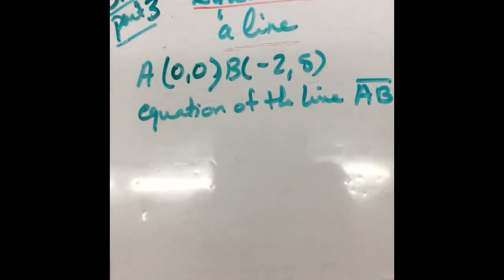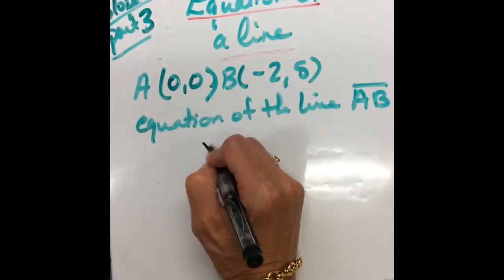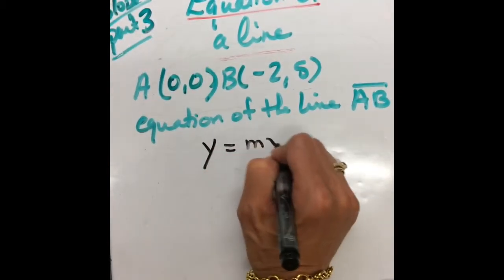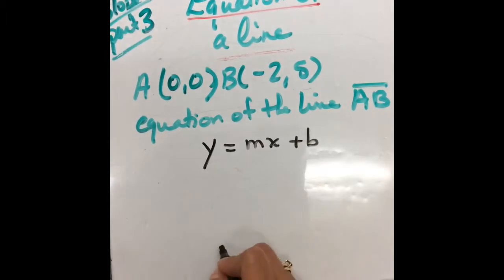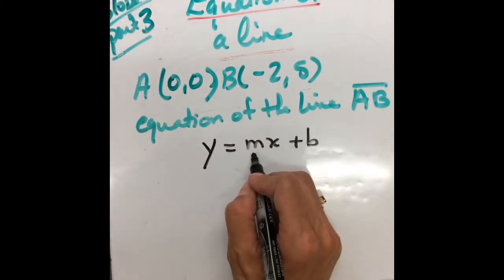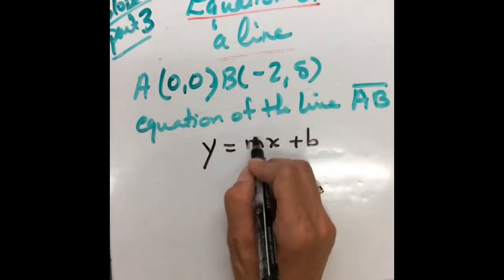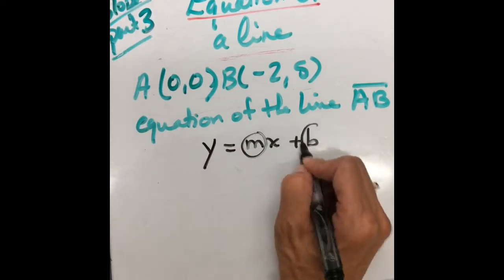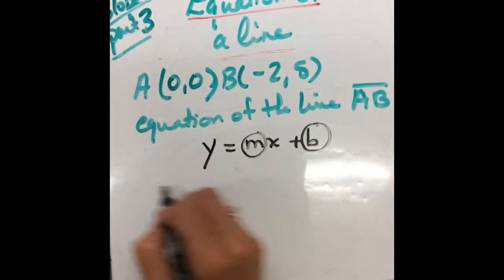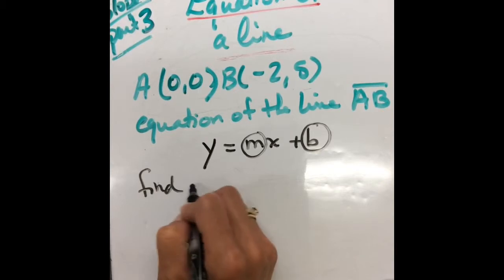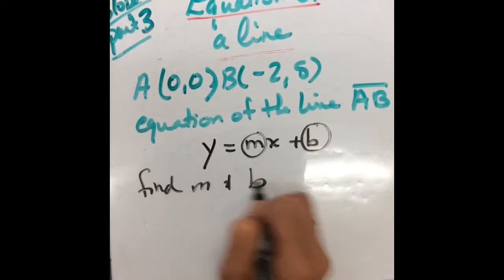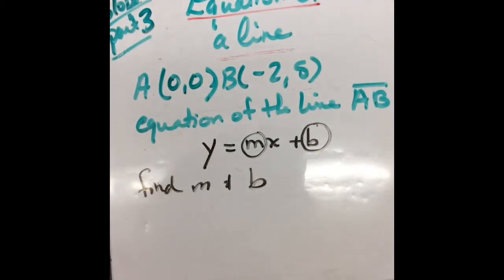So what we need to do right away, and this is very important, is to write down the equation of a line, which is y equals mx plus b. When we're finding an equation of a line, these are the two parameters we're looking for. Find m and b.